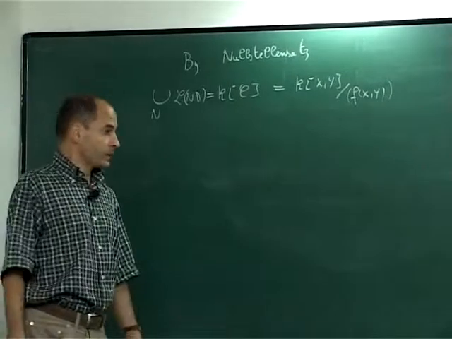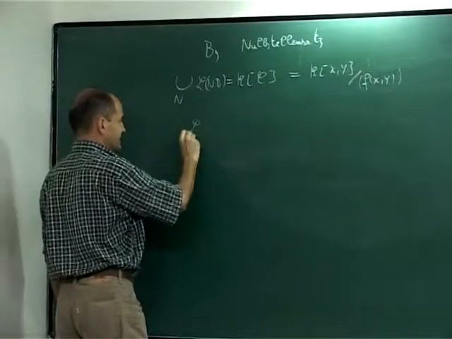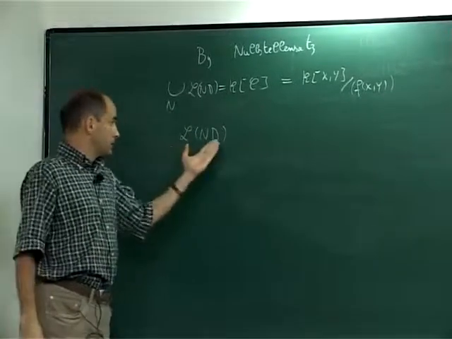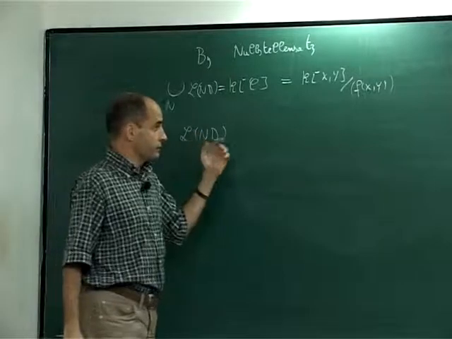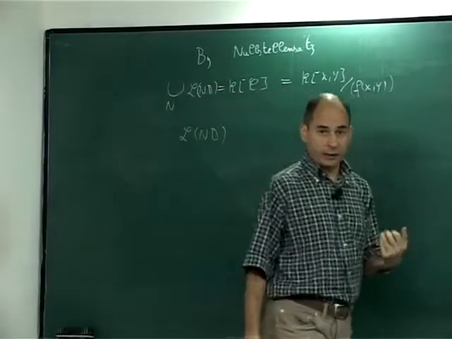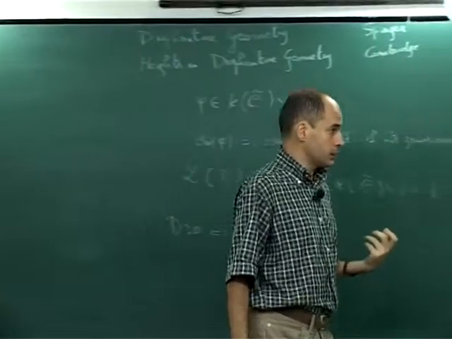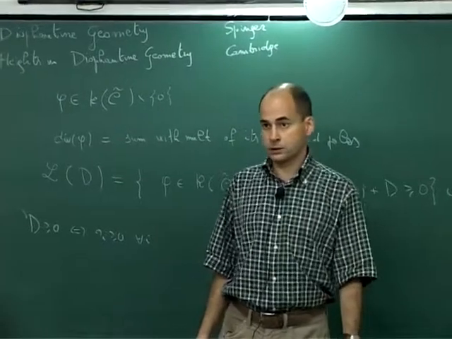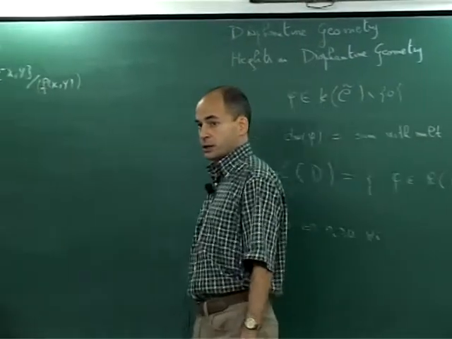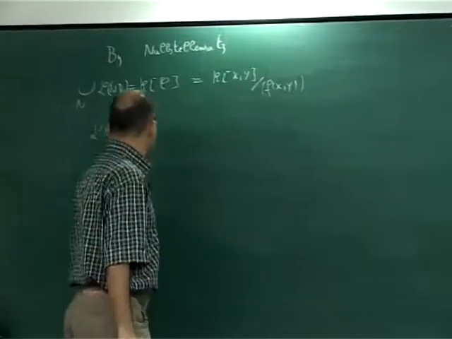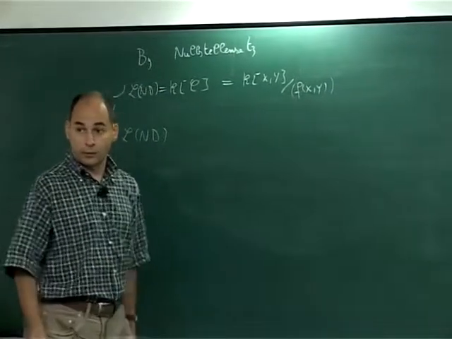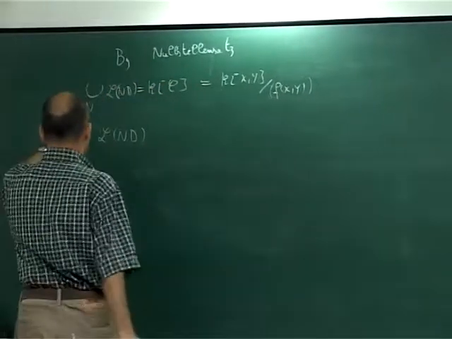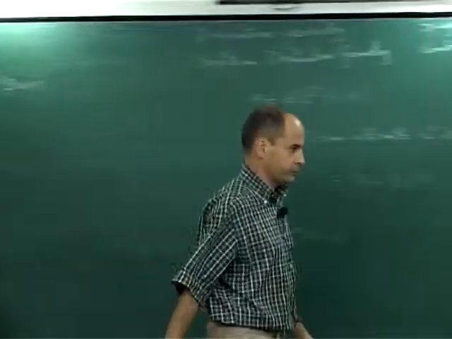And now, what about a single element L(nD)? The functions which are regular on C and at infinity have poles of order at most n are induced by polynomials in x, y of degree at most n. Yes, sorry, D is the sum, of course.